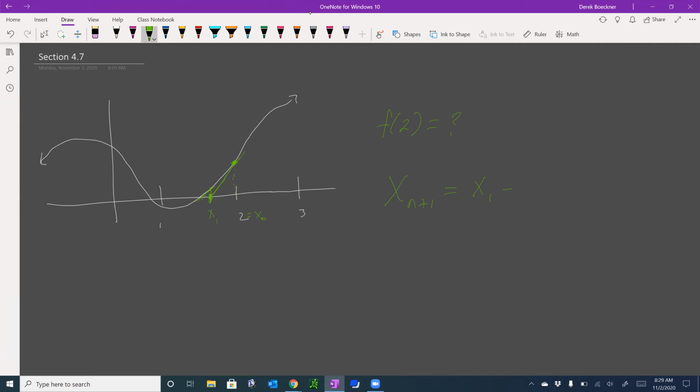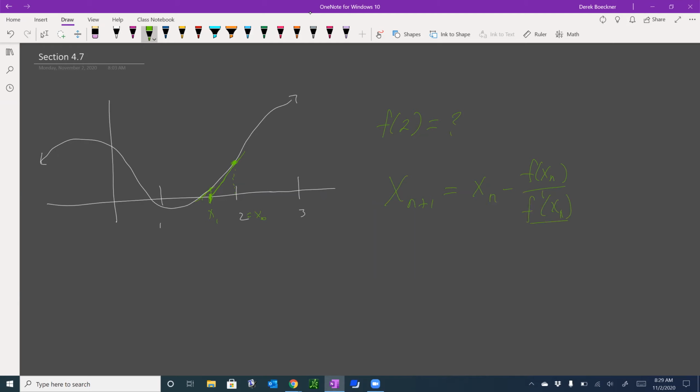How far you have to travel depends on both how high up you were and what the slope of the tangent line was at that point. So that's going to be f of xn divided by f prime at xn.